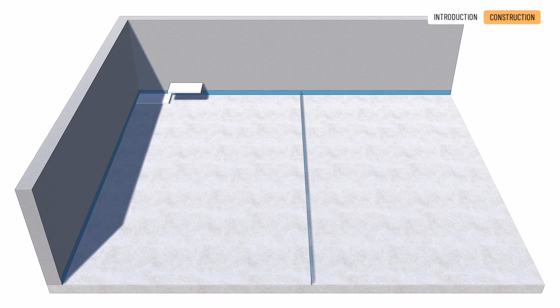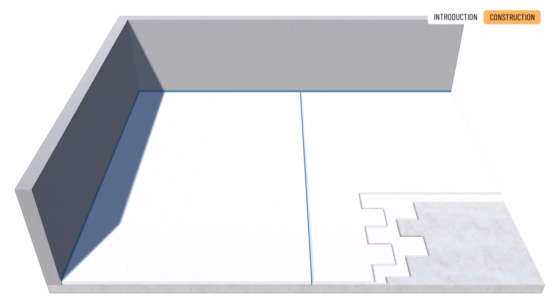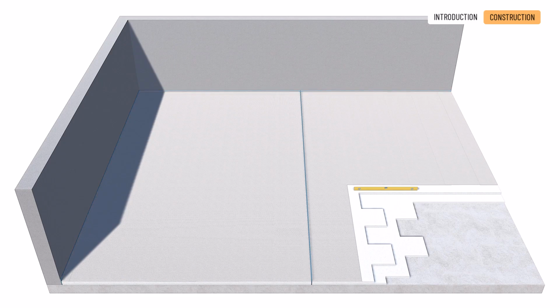Lay expanded thermal insulation boards for impact sound insulation in a staggered pattern. Install a polyethylene PE foil as a separating layer to protect the insulation, sealing the overlaps with adhesive tape.